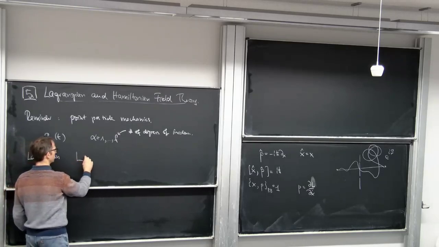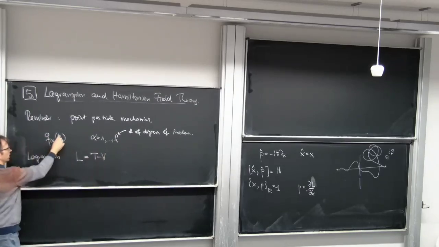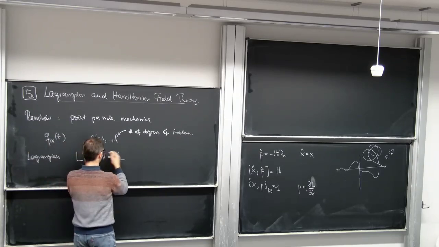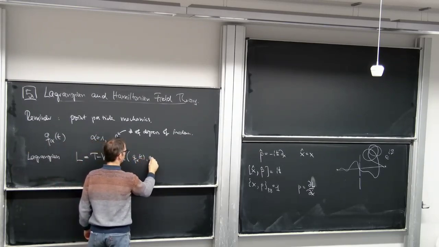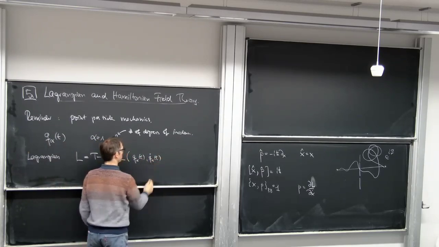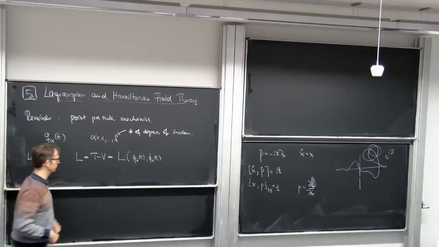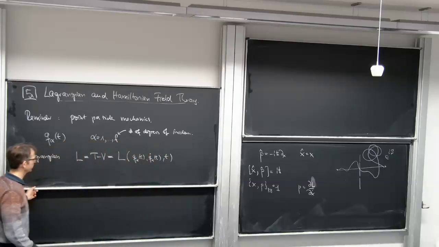It is the kinetic energy minus the potential energy expressed in terms of these coordinates. But however you get there, you have a Q and you have a Q dot. And if there's something like an engine that winds up an elevator, it could also depend on t, and it could also depend on Q because your potential depends on, you know, that's a general thing.